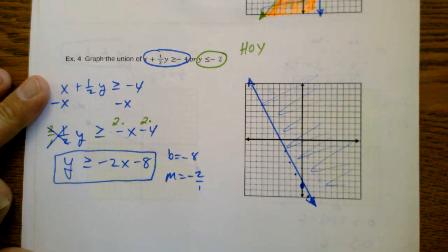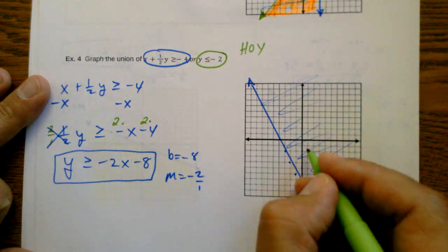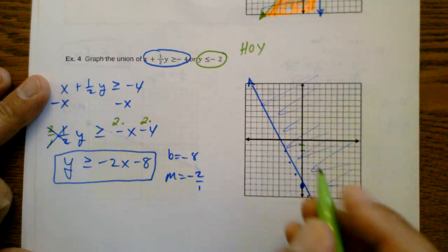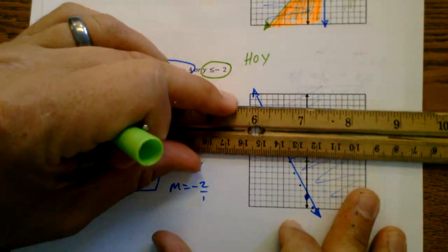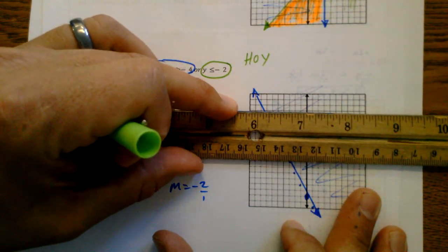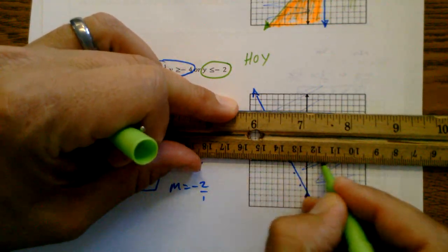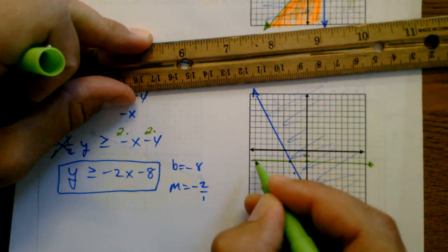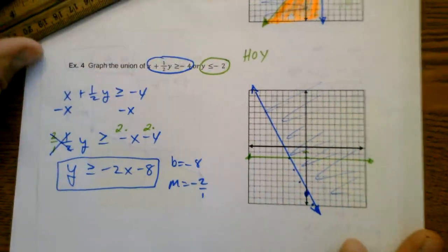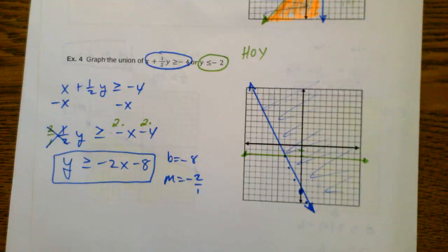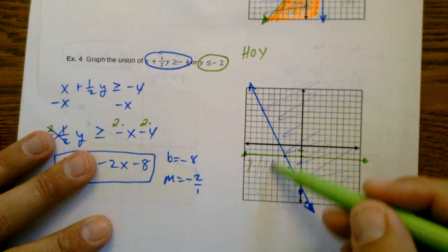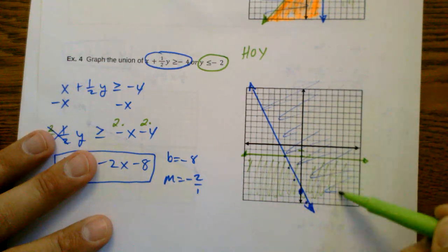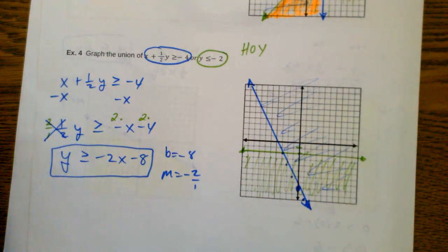So we know this is horizontal at -2. So find the y-axis, count down, 1, 2, and then we're going to make a nice solid line going across. Less than would be everything shaded below. And then my final answer is or.